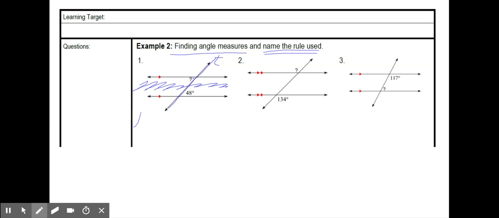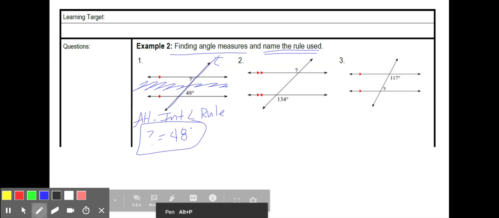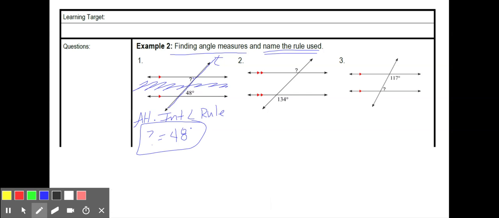So I see that these are alternate interior angles, and so I'm going to use the alternate interior angle rule that says that they're congruent. So question mark equals 48. That's it. Once you know your angle pairs and whether they are congruent or supplementary, that's the lesson for today.